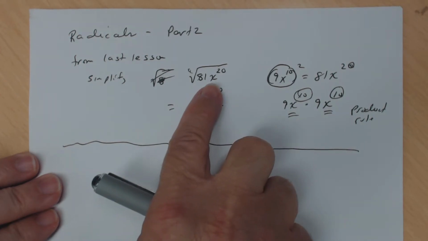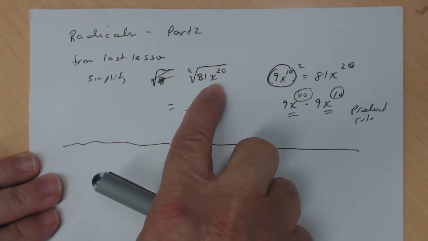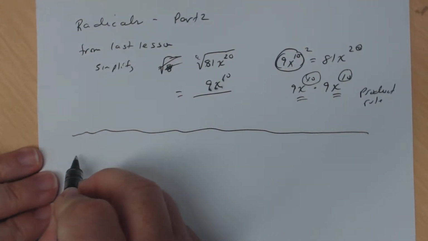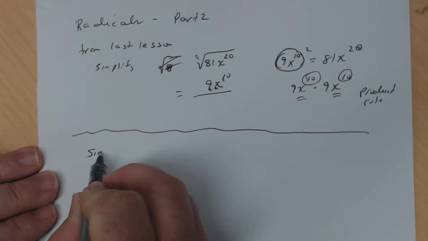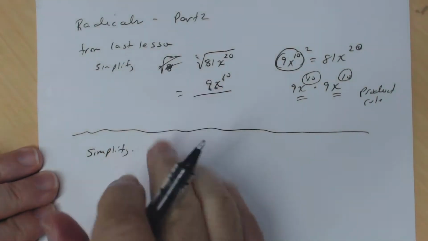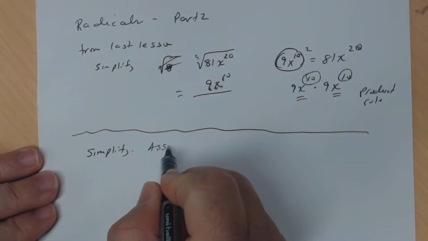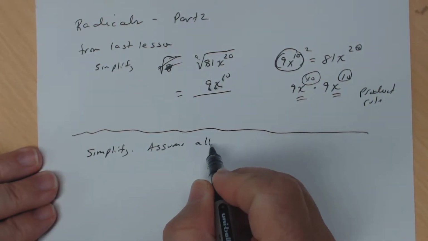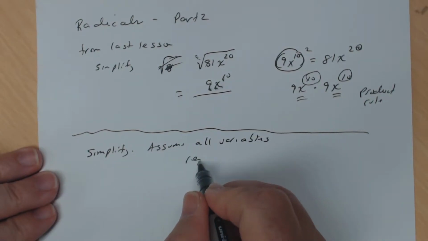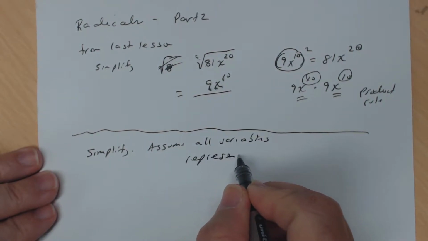Now what we're going to do in this lesson, in part 2, is extend it a little bit. Instead of having one variable, let's add another variable, so at least two variables. Again, you're going to be asked to simplify, and for this part, let's assume that all the variables represent positive numbers.